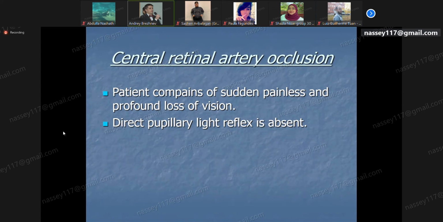But we can see acute, sudden, and profound loss of central vision without any pain, without any other complaints. If you check the direct pupillary light reflex, it will be absent.